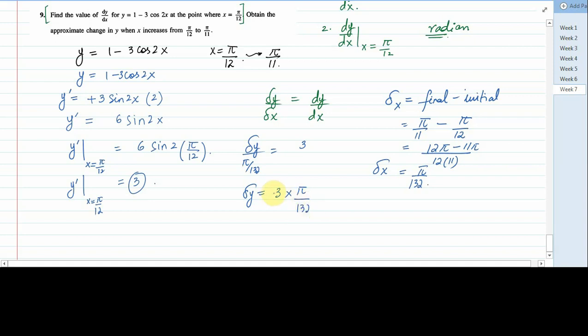So 3 ones are 3, 3 44s are 132, right? So the delta y value we have, it's pi over 44, and that is your final answer for this question number 9.